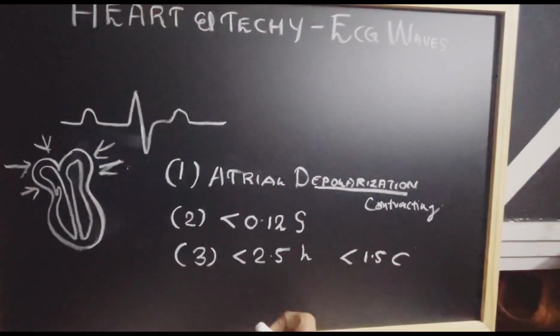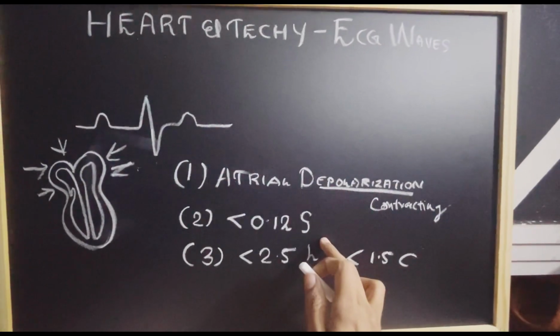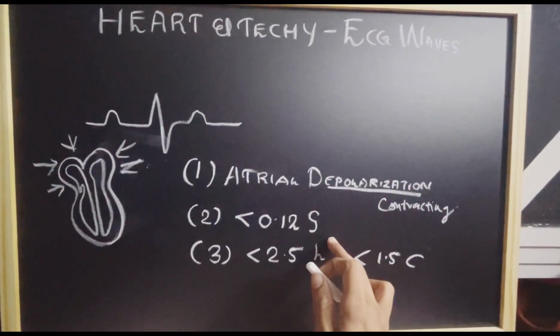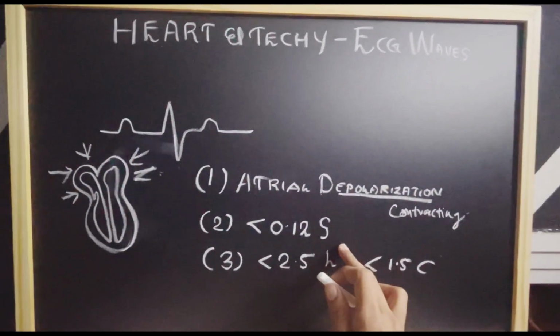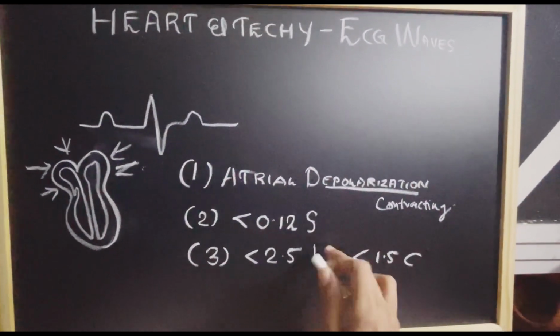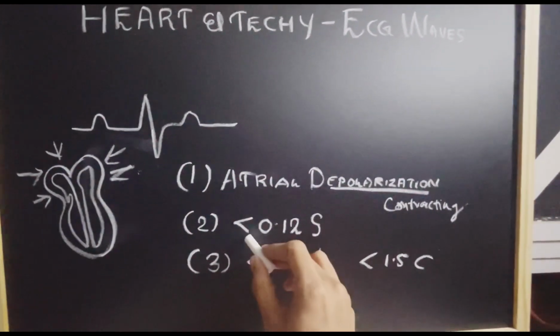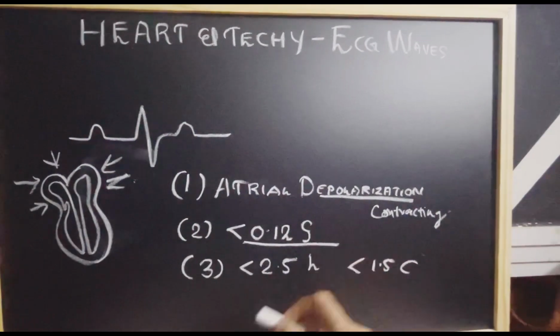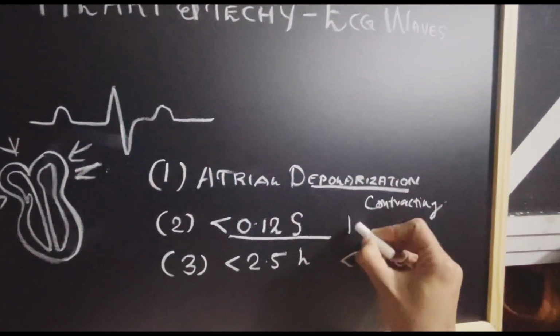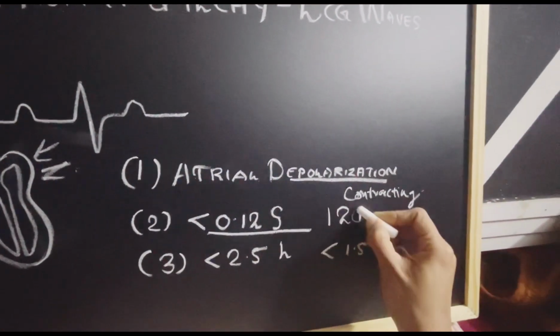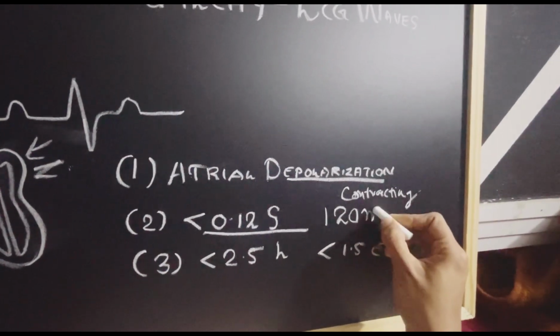Okay, next we are going to see the duration of the P wave. The normal duration of the P wave will be less than 0.12 second, or 120 milliseconds.